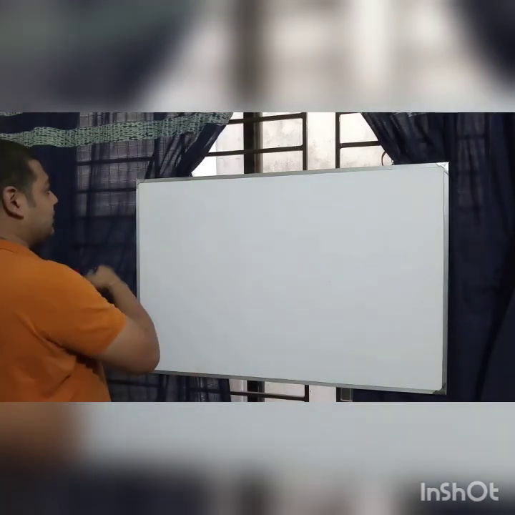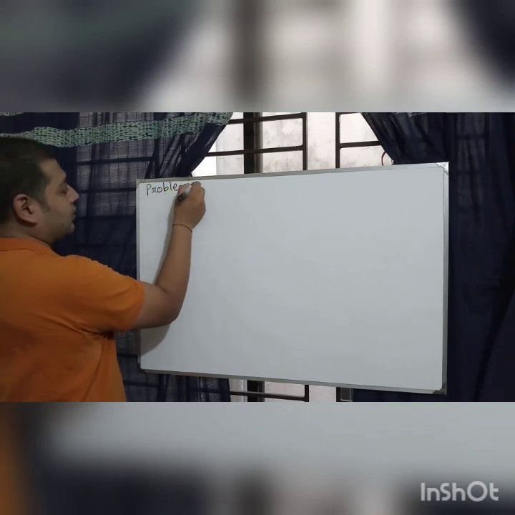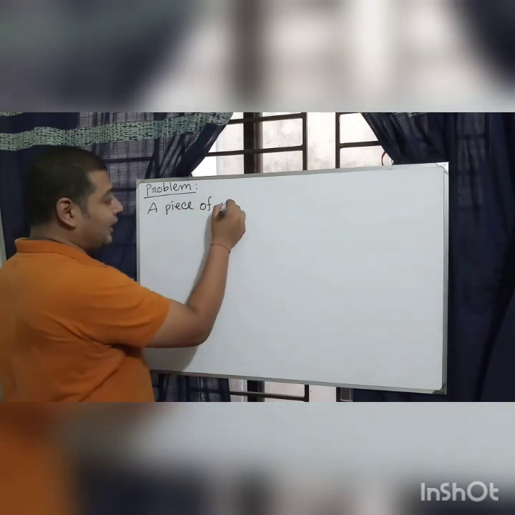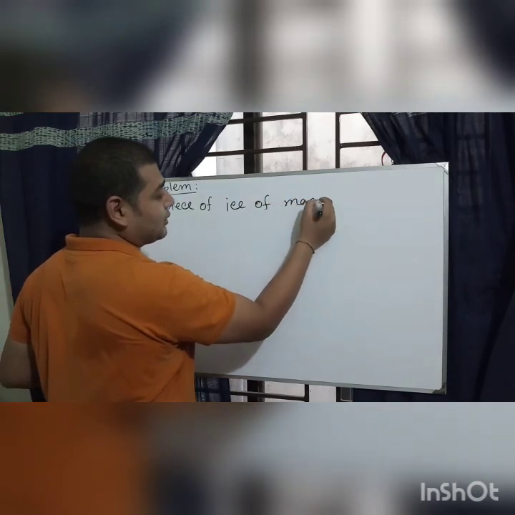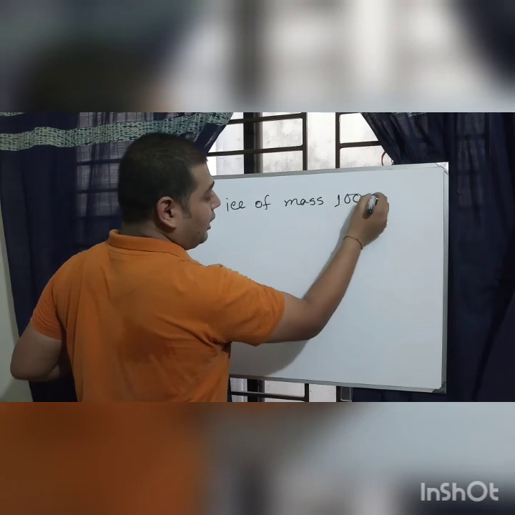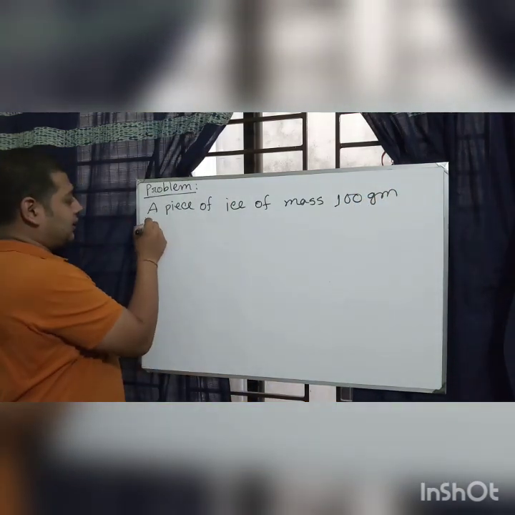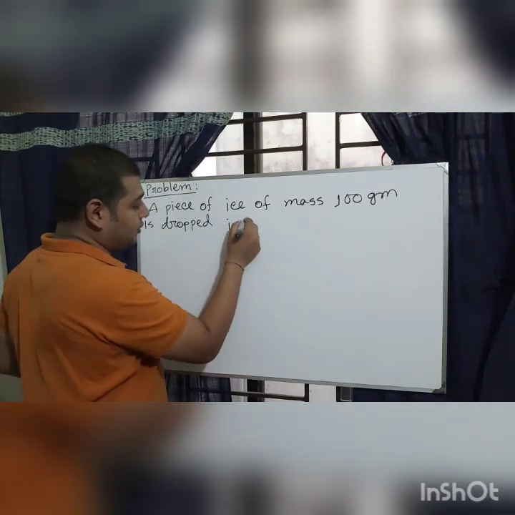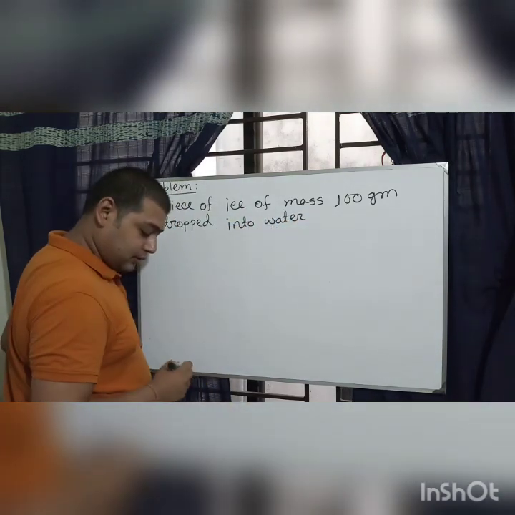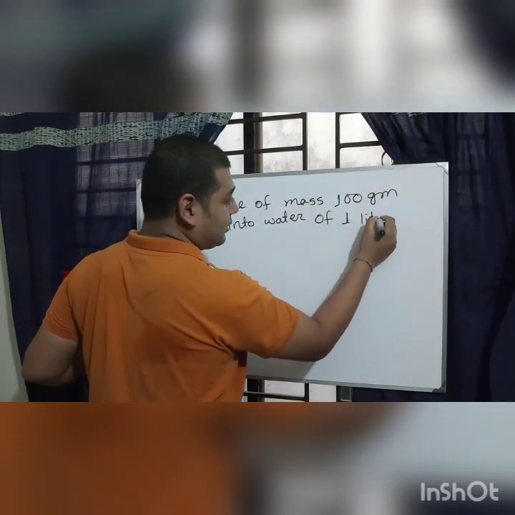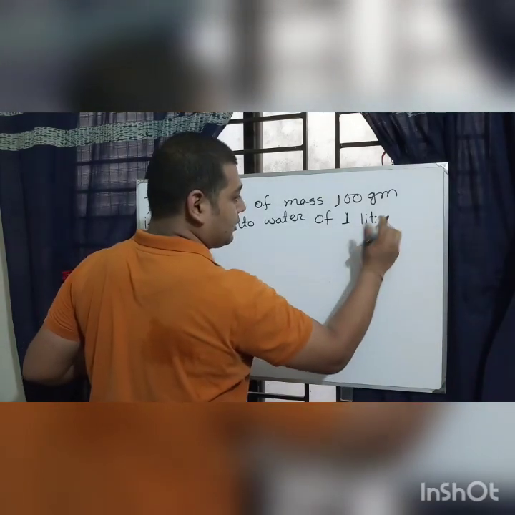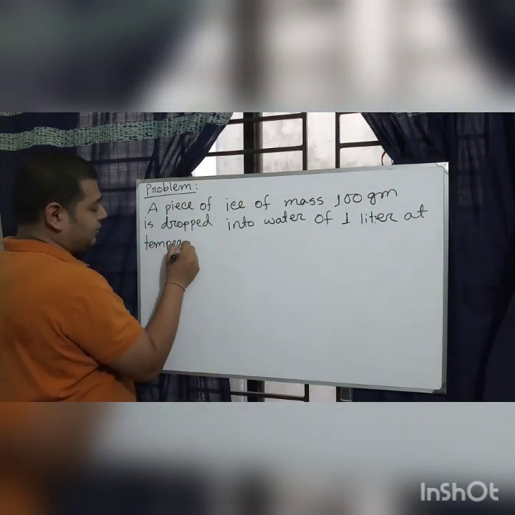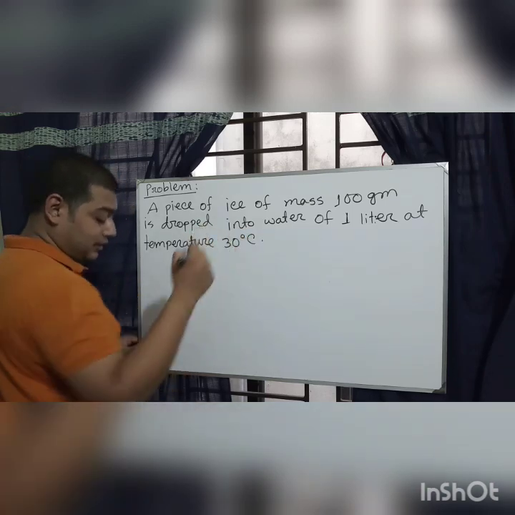And the problem is: a piece of ice of mass 100 gram is dropped into water of 1 liter at temperature 30 degrees Celsius.